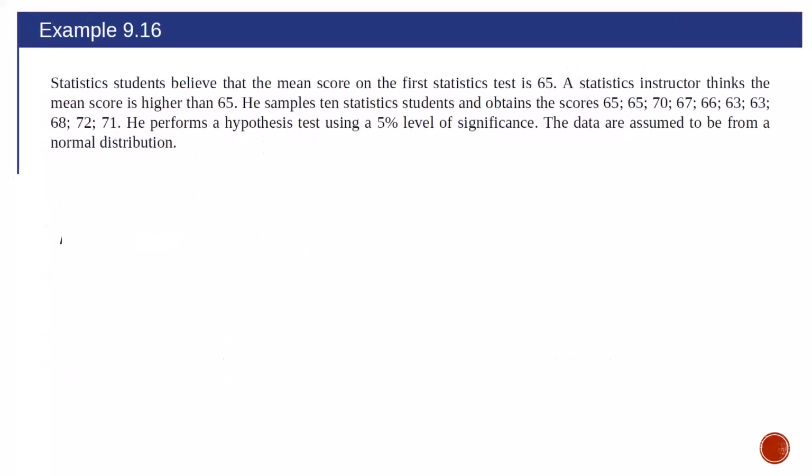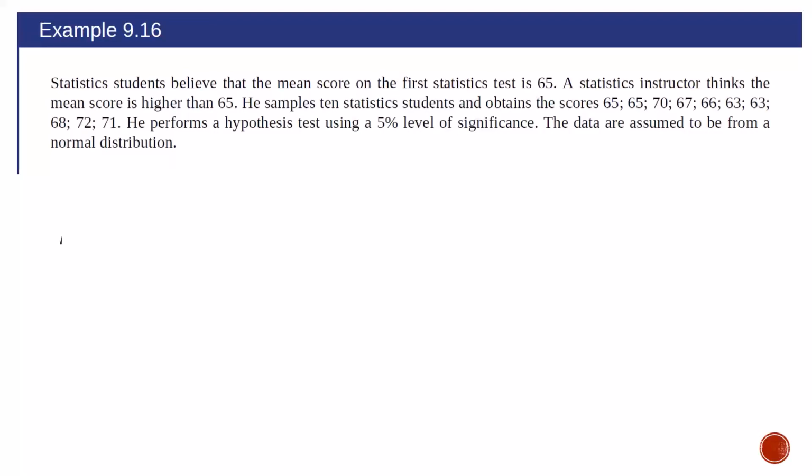This problem's kind of contrived in some ways because you would actually have access to the population, but let's just suppose you don't. So statistics students believe that the mean score on the first statistics test is a 65. The instructor thinks the mean is higher than 65, but this isn't SXU, this is U of I, right?